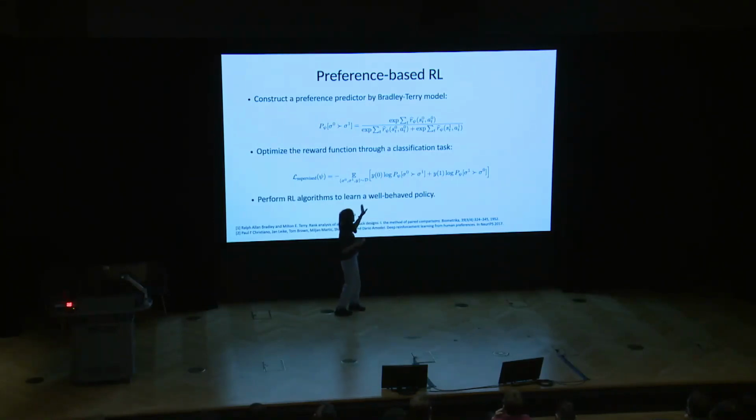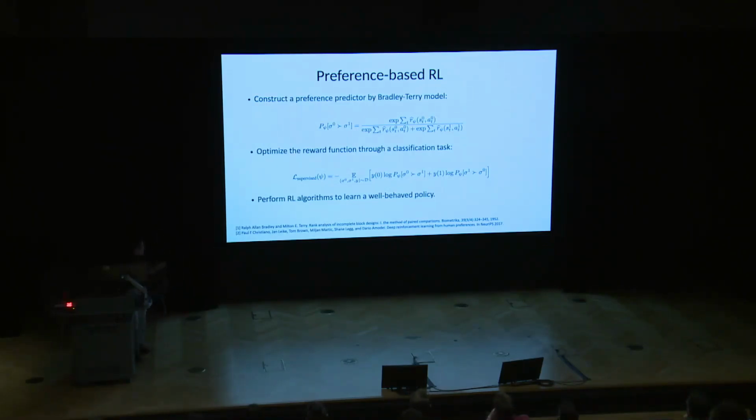This loss function enforces the predictor to be aligned with human preference, so that we can update R hat phi, the reward function, by backpropagation, such that the predictor generates preference labels aligned with the human ground truth label. This is the standard framework from existing work.